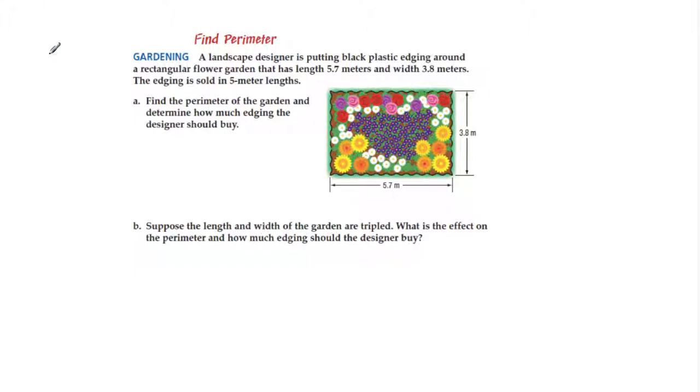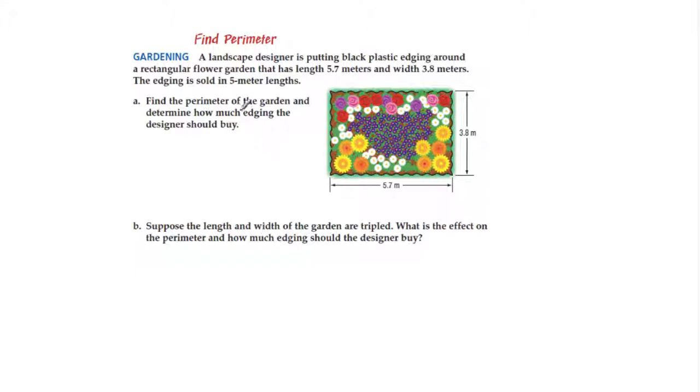All right, here's a good word problem, a good challenge question. It says that a landscape designer is putting black plastic edging around a rectangular flower garden that has a length of 5.7 meters and width of 3.7 meters. So we can see that's exactly what we have here.